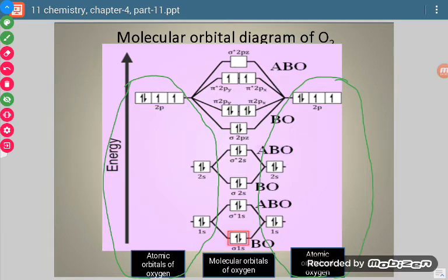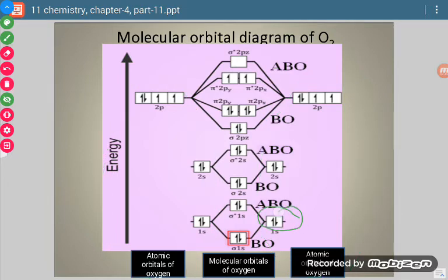Okay. Now these orbitals are combining and there is formation of molecular orbitals. Okay. Now how does it go on? When this atomic orbital combines with this atomic orbital, it forms this molecular orbital and this molecular orbital. Okay. So 1s and 1s when combined form sigma 1s and sigma star 1s. Similarly, 2s and 2s combine and form sigma star 2s and sigma 2s. Okay.